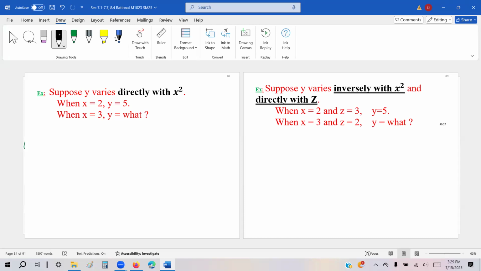X is 2, Y is 5. So you found your K is 5. You know your K is 5, and they're giving you X is 3. So based on the K and X is 3, find Y.